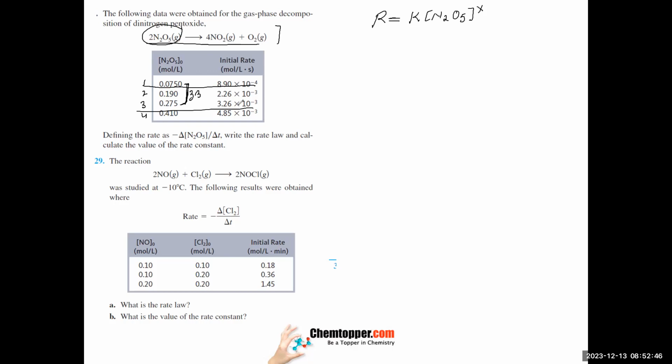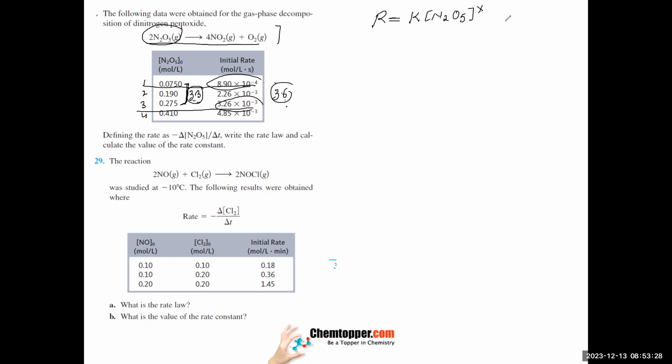Nearly 3.3. How many times this rate has increased? Check. 3.26, 0.90 multiplied by 10. Same, 3.6, nearly same, because this is experimental data. In experimental data, there can be errors. So here you can say they are nearly same.